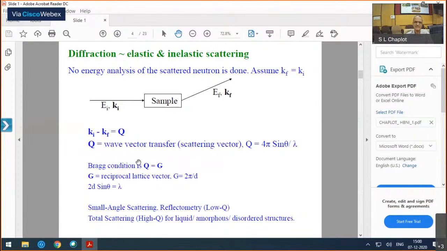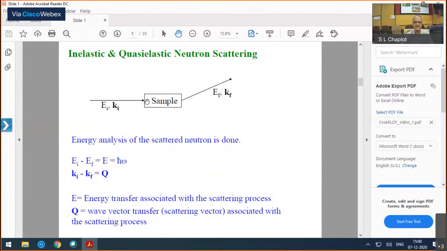If this is equal to a reciprocal lattice vector, then the Bragg condition is satisfied. However, when we do inelastic neutron scattering, we do energy analysis of the scattered neutron beam, and then we can write down the change in neutron energy and the change in the wave vector, or the so-called wave vector transfer, and these are the relevant quantities.